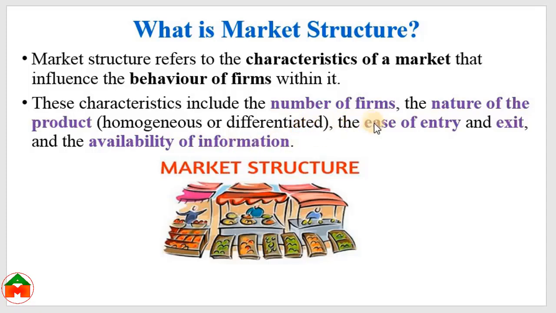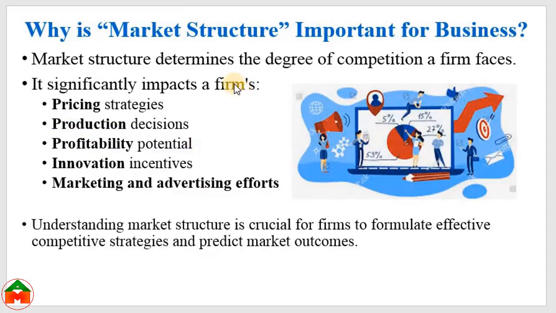These are the characteristics based on which firms show their behavior in decisions on pricing, production, innovation, advertising, or anything else. You have to know the market structure because in future, as a decision maker, you have to decide on pricing, production, profitability, innovation, marketing, and advertising efforts. These decisions depend on the characteristics of the market.